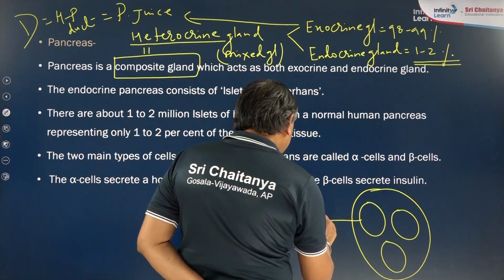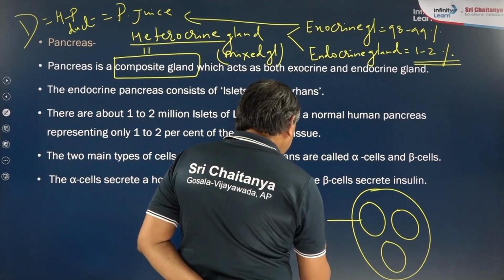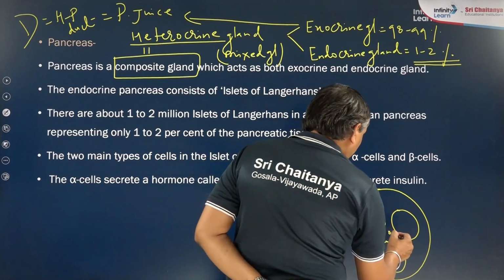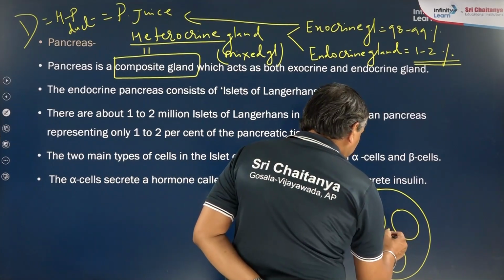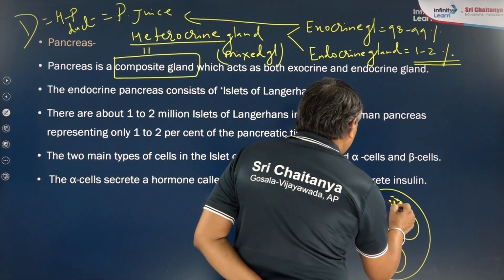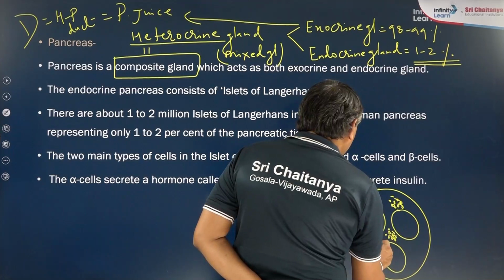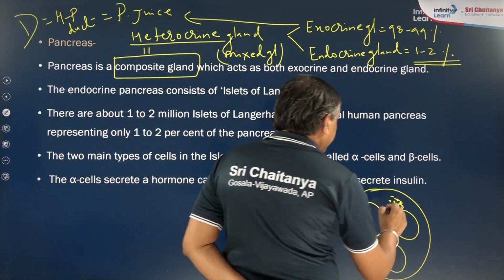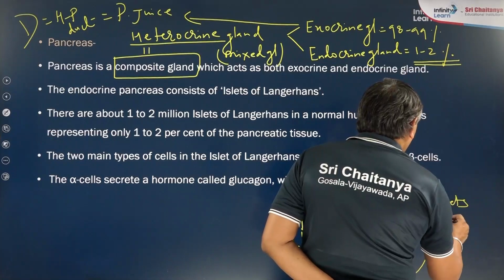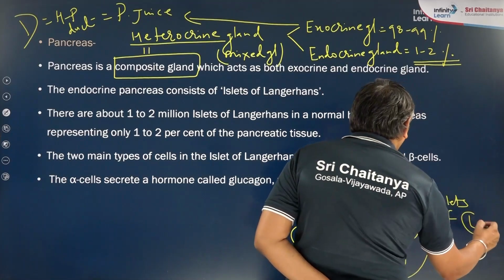They are the exocrine part. In between the pancreatic acini, groups of cells are present. These groups of cells are known as the islets of Langerhans.